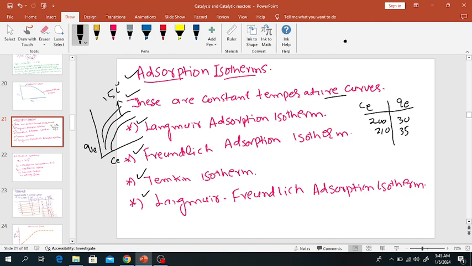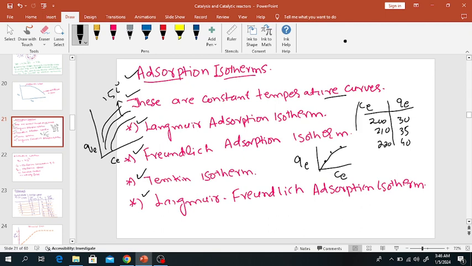Here again, the concentration is 220 and the uptake is this one. From these points, suppose on the x-axis we plot the equilibrium concentration, and on the y-axis the equilibrium uptake. This is one point, there is another point, and another point. When we combine these points, we will get the isotherm.